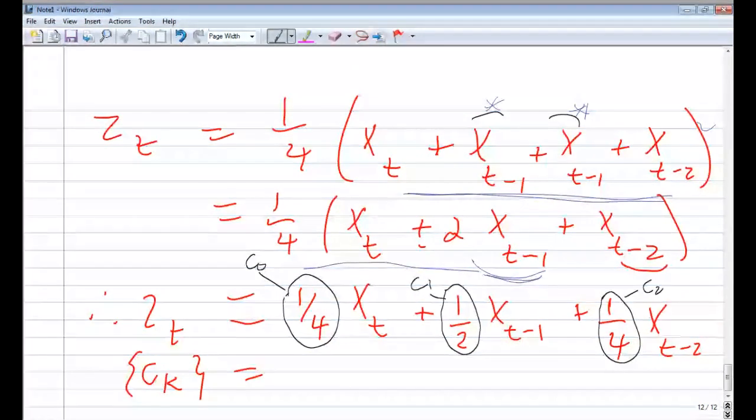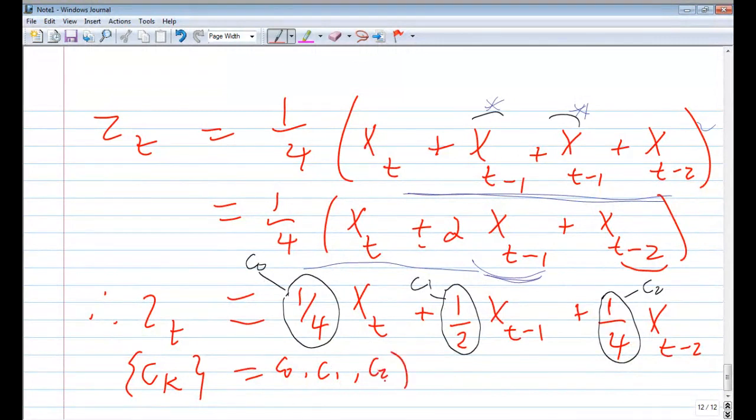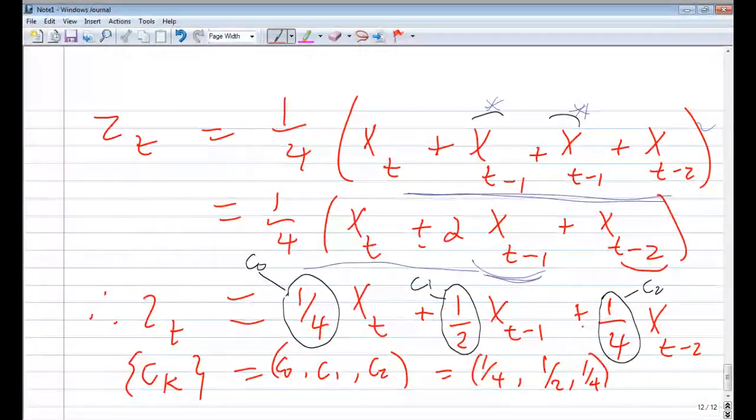So therefore, what is left is just to plug in here. So C0, C1, C2, which is equal to what? 1 over 4, a half, 1 over 4. Then you're done.